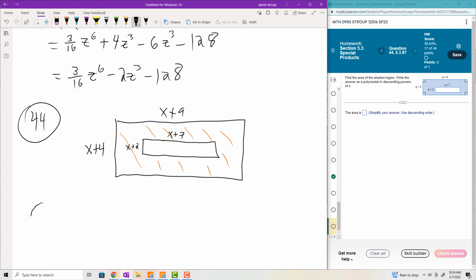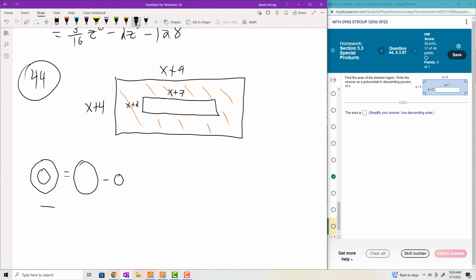The donut hole problem is if you want to find the area of a donut, what you do is take the area of the outer circle and subtract away the area of the donut hole. Okay? So in our problem, it's a square donut. So to figure out the square donut area, we take the area of the outer donut and subtract away the area of the donut hole.